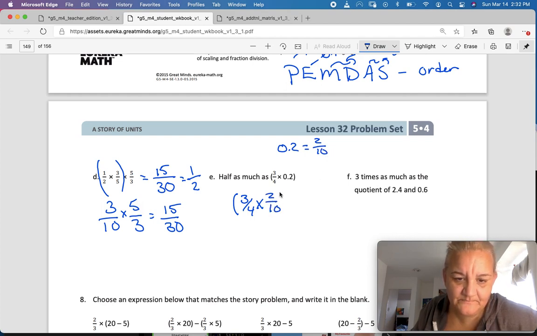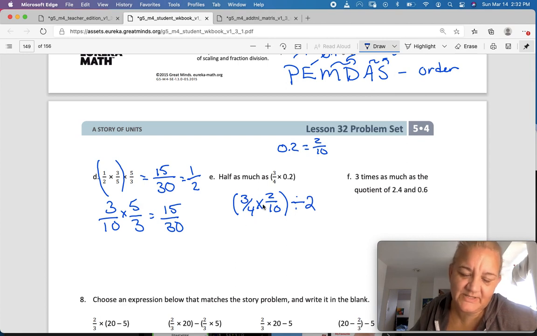And then half as much as means I can divide the whole thing by 2, right?